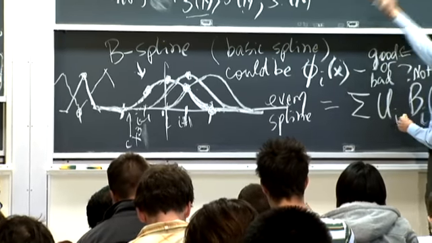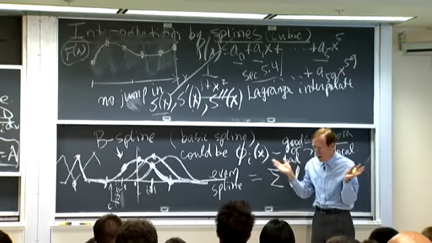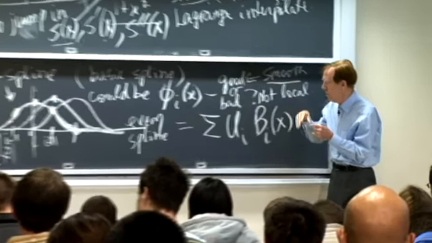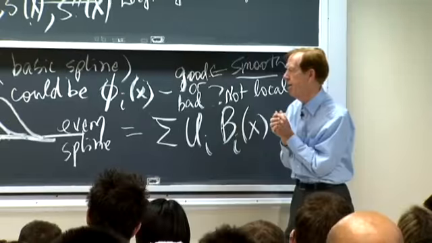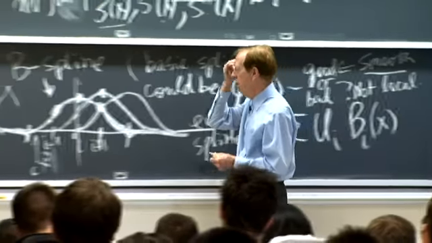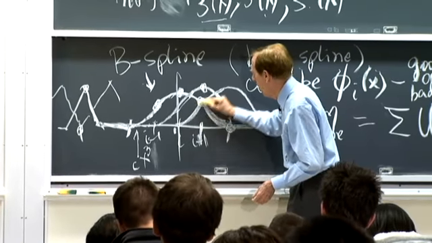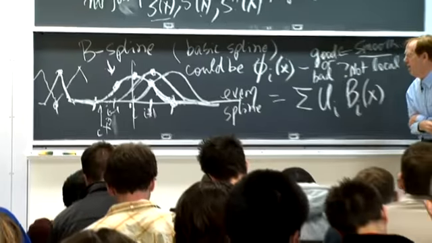If I used those polynomials, they weren't local at all. A typical x to the 5th is not 0 at any of the points. These B-splines are 0 at a lot of points, but 3 of them, 1, 2, and 3, will be non-zero at a typical mesh point. Okay.